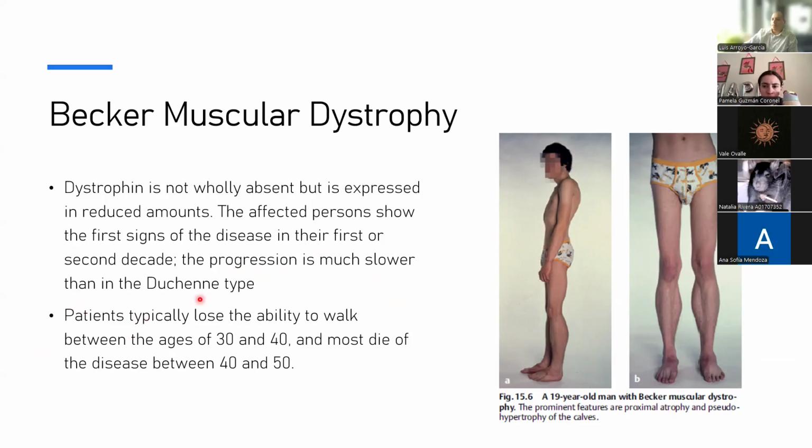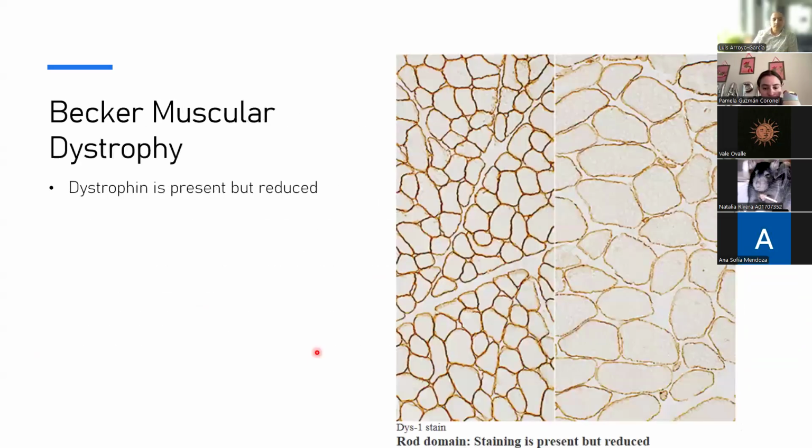And the patients lose the ability to walk later, until their 40s and 50s, for example, they can die. So this is what we see. It's present but reduced. So this is what I want you to take from this disease.